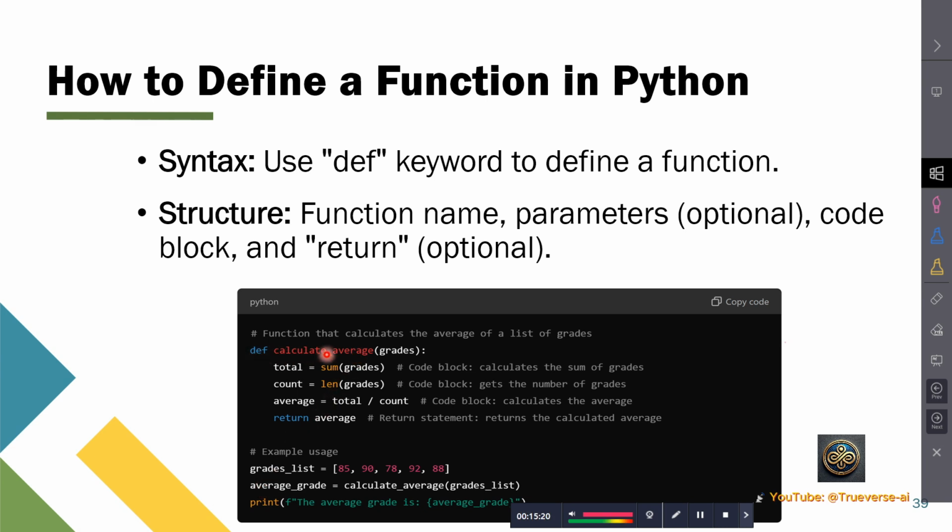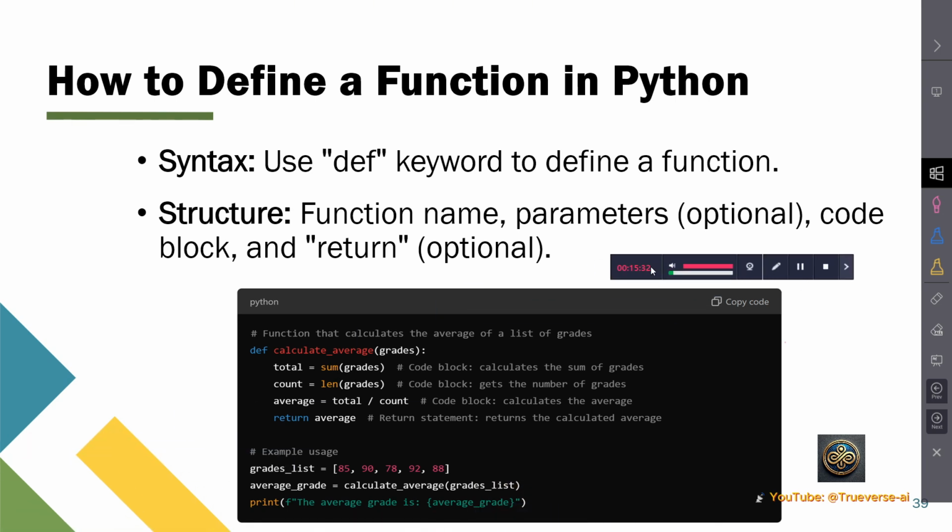So calculate average is a function, and in the input we put the list as a data structure. Then you can see this will be printed. F shows this should come from the average list. Yeah, very nice.